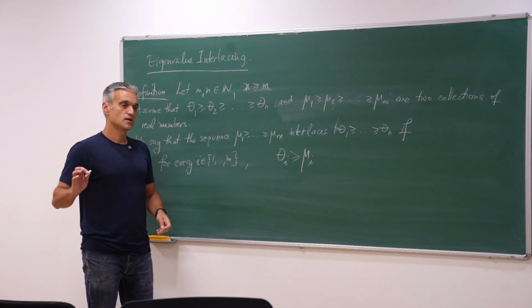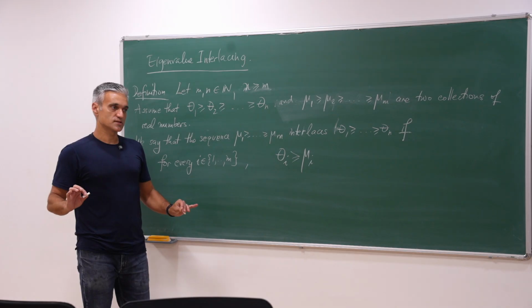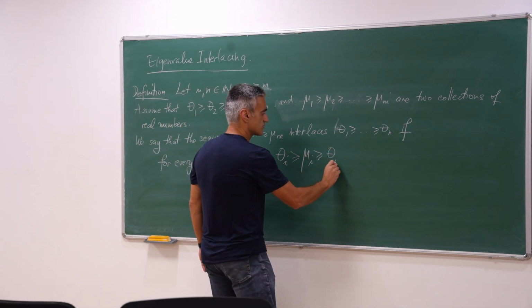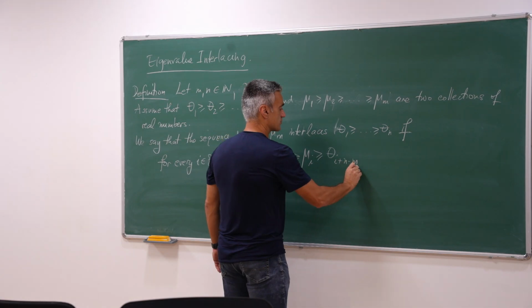But you have something which may seem a little bit weird, I'll show you an example in a second, on the other side, this is going to be greater or equal than theta i plus n minus m.